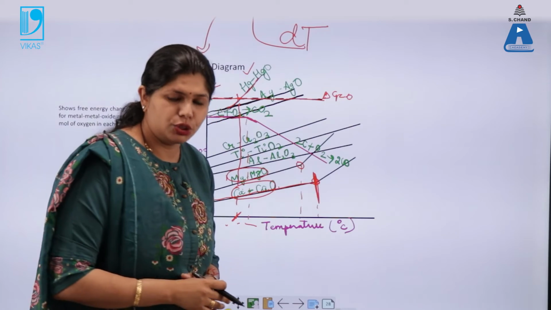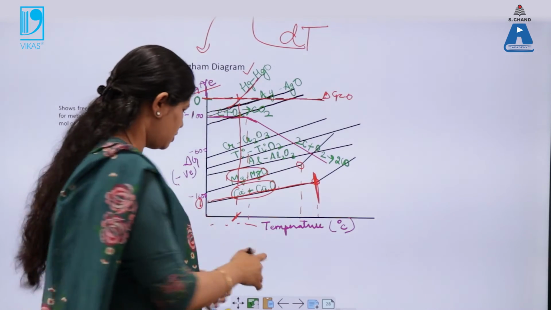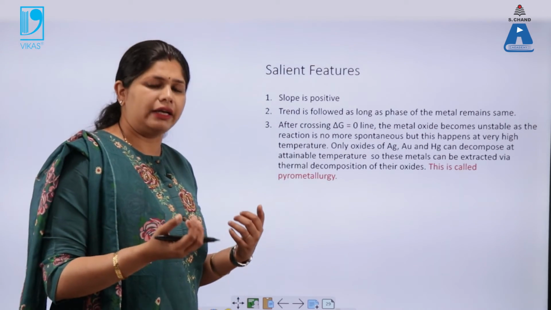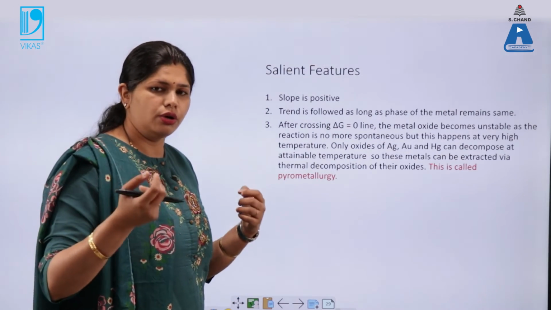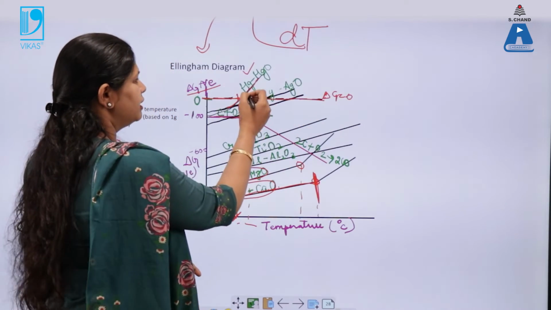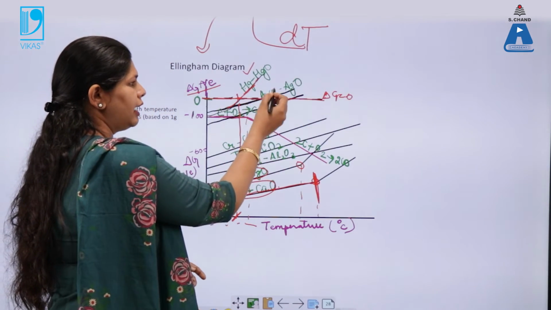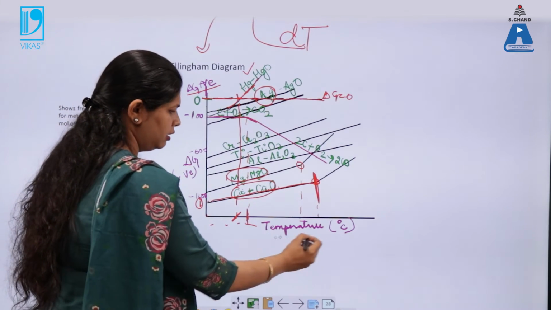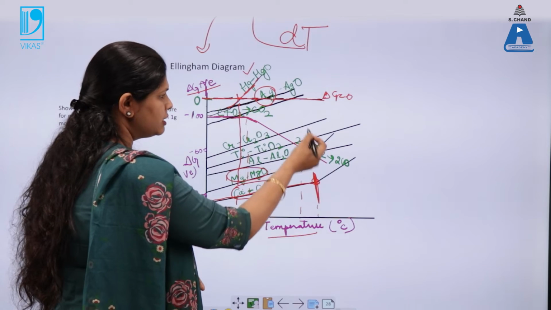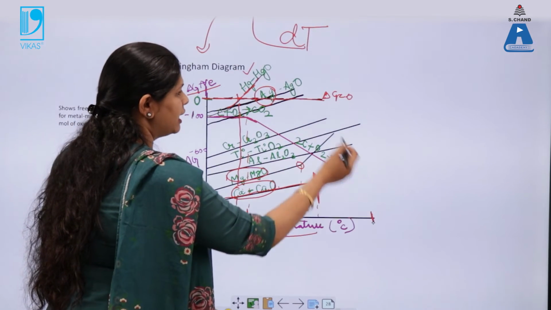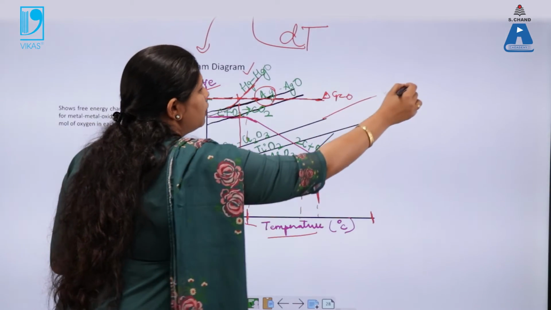So during the metallurgy process, our aim is to get metal from the ore. So because for these metals, mercury and silver, the temperature is attainable. For other metals, you have to increase the temperature to such an extent that it then goes beyond zero.